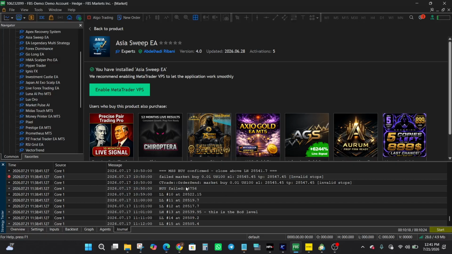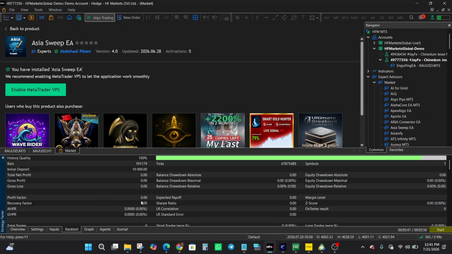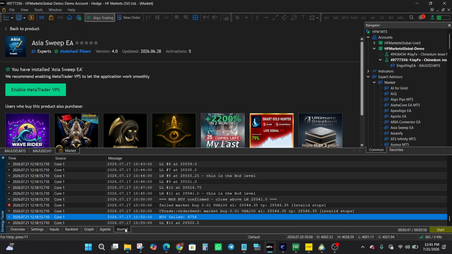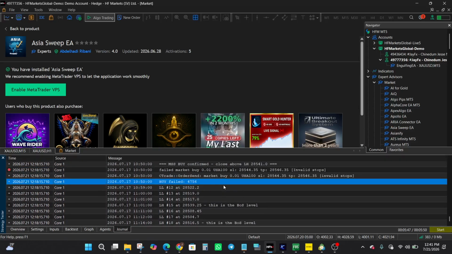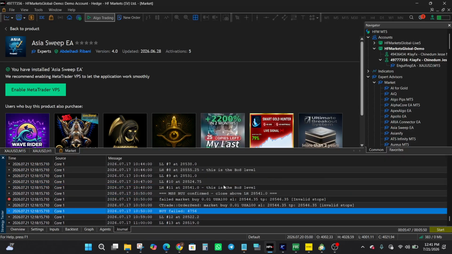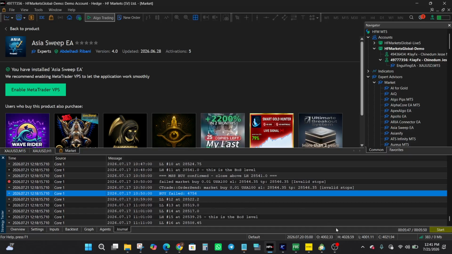Meanwhile, I also tried backtesting on another broker. You can see this was FBS. I still got no trade. You see, this is a different broker, HFM. And coming to the journal, I can still see invalid stops, invalid stops. So maybe the issue might be from the settings of the expert advisor, because I have tried backtesting it on two different brokers and I'm still getting similar results.